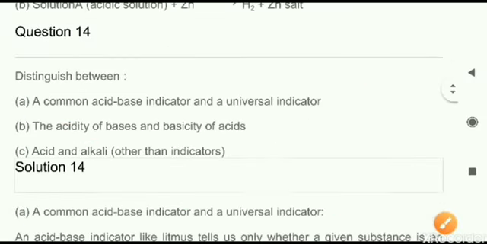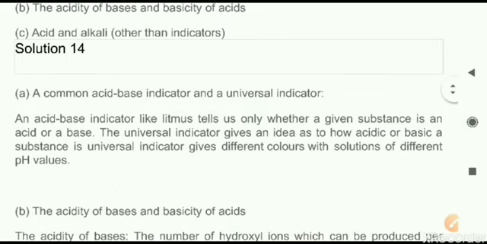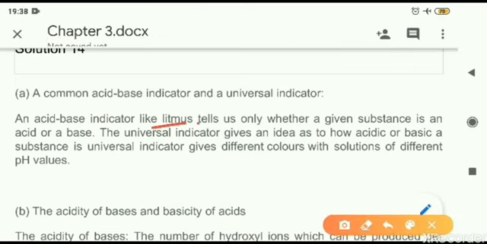Next, question number 14. We have to distinguish between acid base indicators and universal indicators. Next, the difference between acidity of base and basicity of acids. Third, the difference between an acid and an alkali. First, acid base indicator and universal indicator. Acid base indicator examples can be litmus or phenolphthalein and so on. They only tell us that a substance is acid or base.